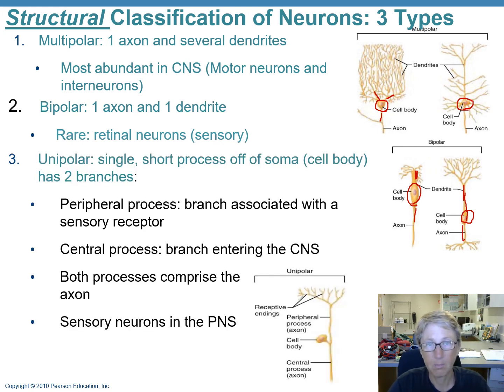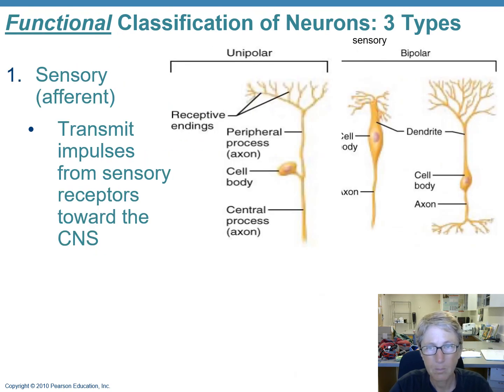The next structural type of neuron is a unipolar neuron. And they call it unipolar because here's the cell body, and look, there's just one projection off the cell body, but then it does branch into a peripheral axon and a central axon. So the sensory neurons, those are ones that sense things in the environment, whether it's the internal or external environment.